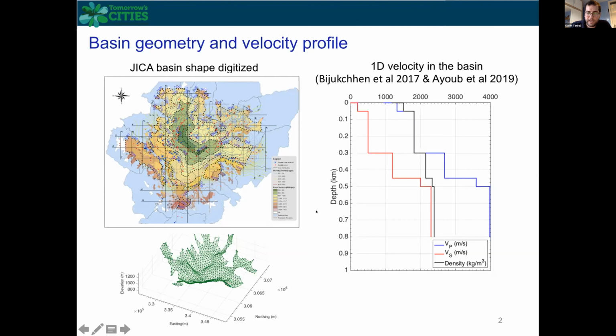700. For the velocity profile of the Kathmandu Basin, I've considered this 1D profile for the velocity of the primary wave and secondary wave, and density.